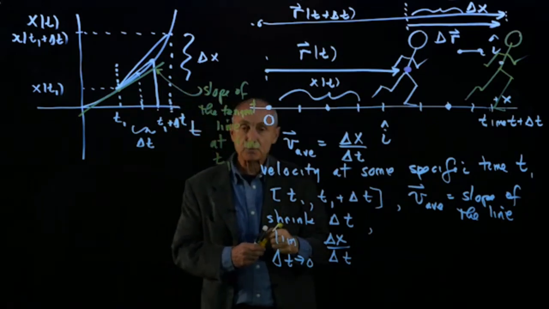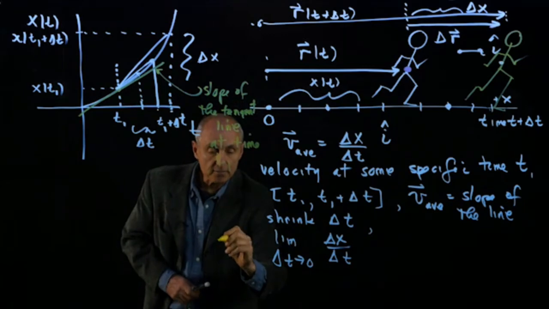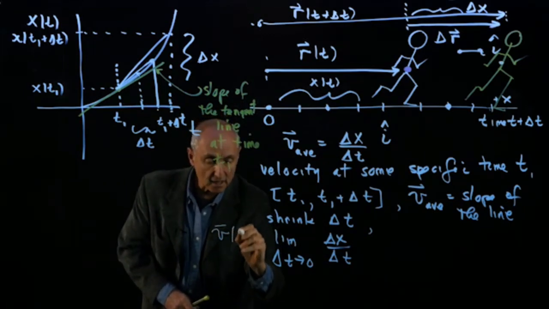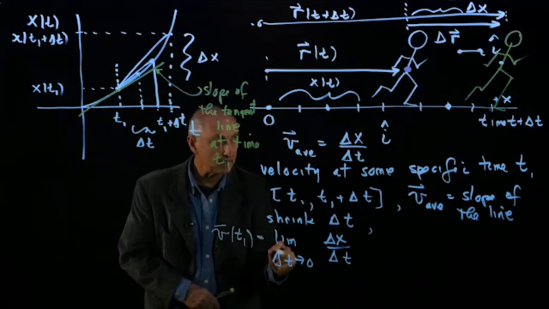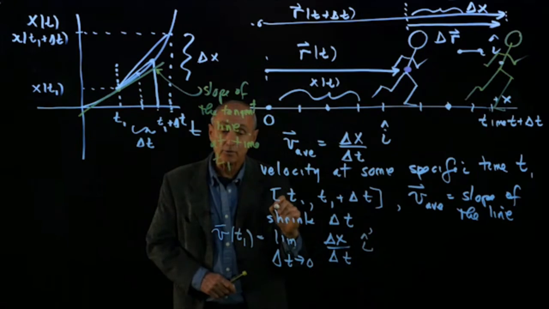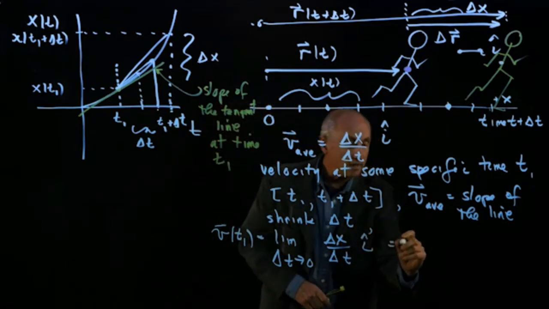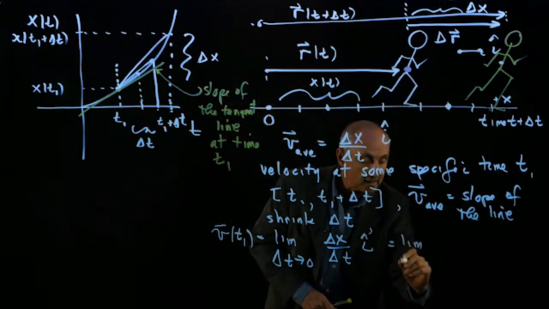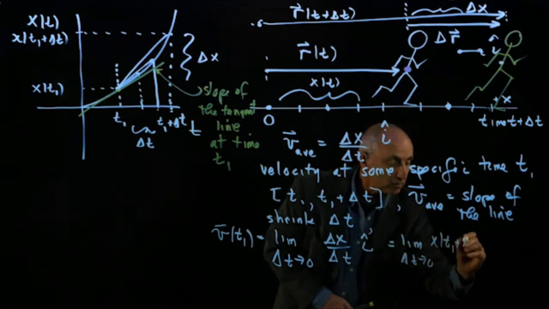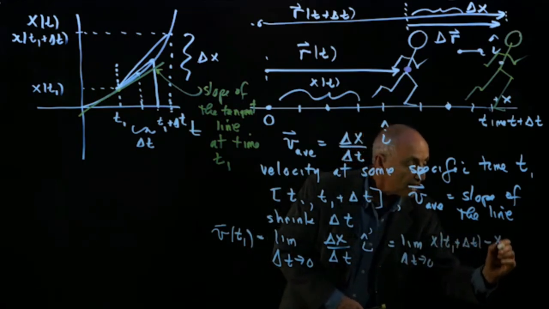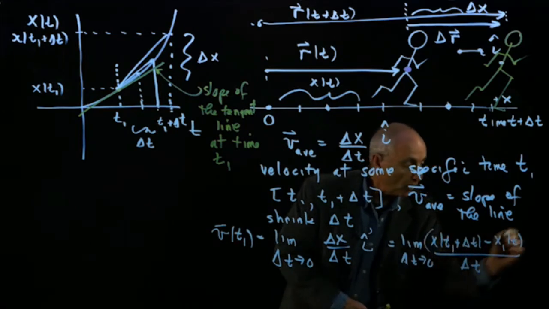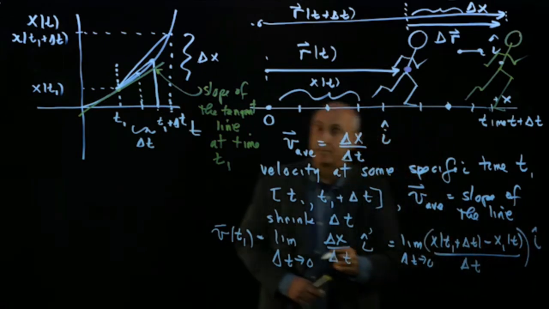And so in this particular case, what we mean by the instantaneous velocity v at time t1 is the limit as delta t goes to 0 of x at t1 plus delta t minus x of t1, divided by delta t, and the whole thing is a vector in the i hat direction.